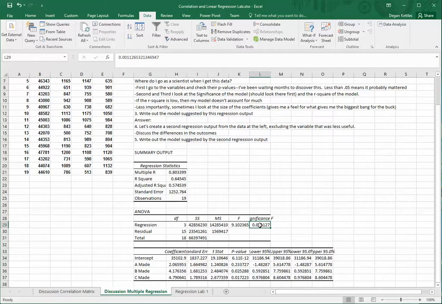And once we've created a model like this and we're sure that we have this output and we're sure that our model matters because it's significant, we can actually write a generic formula such as the following. I can say cost equals, and I'll go down here and I see 35.102.9.